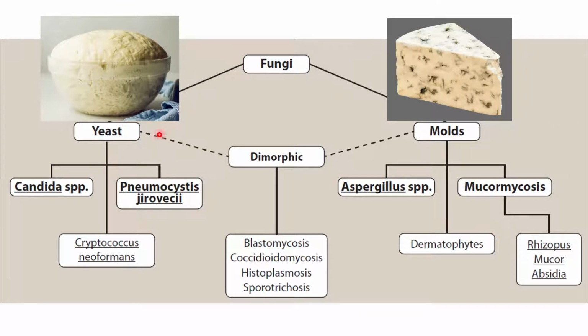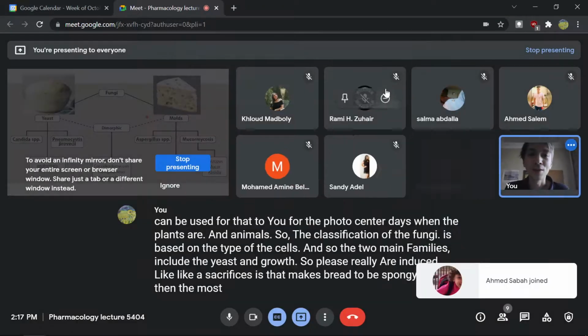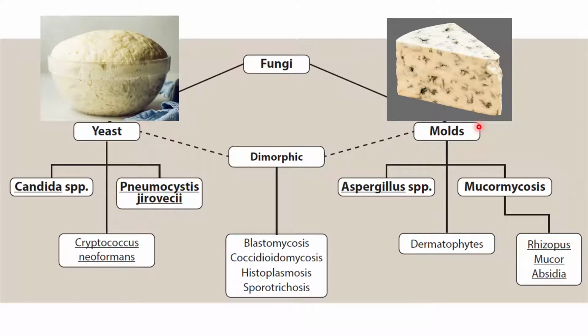So the yeast, like Saccharomyces cerevisiae, is the yeast that makes bread spongy, and then the molds are another family that can be used in some French cheese to make it tasty.